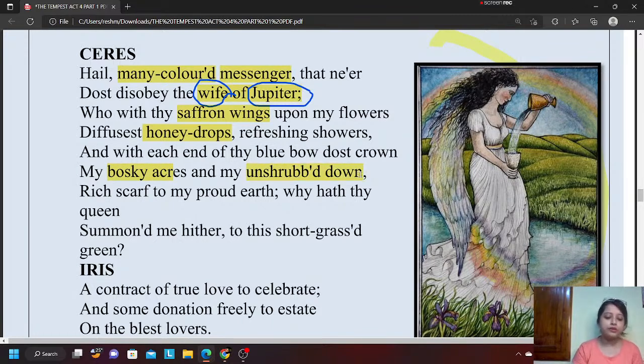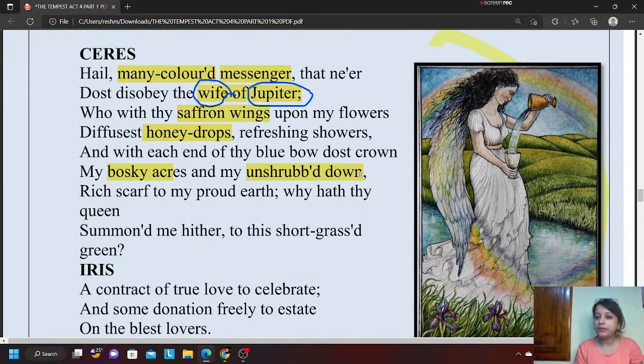So all those beautiful places you see, it is even more beautified because of whom? Unshrubbed down मतलब क्या है? Bare plains, मतलब जिसमें कुछ उगता नहीं है, nothing grows. And bosky acres means the hard land. So ये सारी जगहों में पिक्चर को देखो, you will be able to understand. It's like a crown, जो इधर से उधर तक ऐसे करके ब्यूटीफुली एक क्राउन जैसा बनता है.